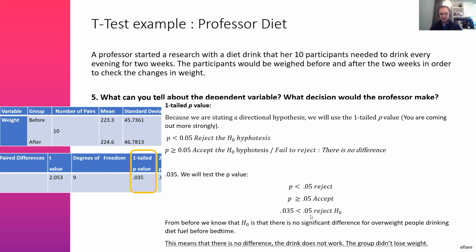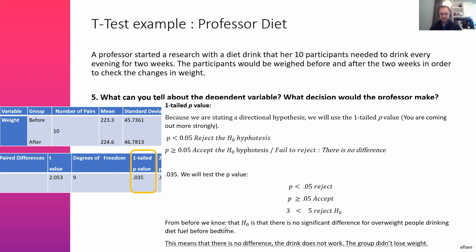So here, 0.05 is greater than 0.03. If you take away the last number here, it will be easier to see. I will take it out here, and we can even take out these numbers. So just look at this. Look at 3 and 5. And of course 5 is bigger than 3. So we will reject the H0 hypothesis.